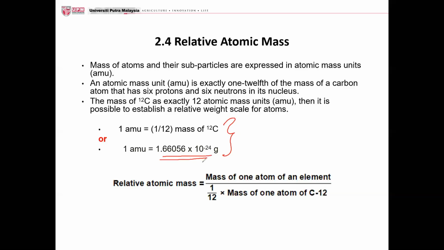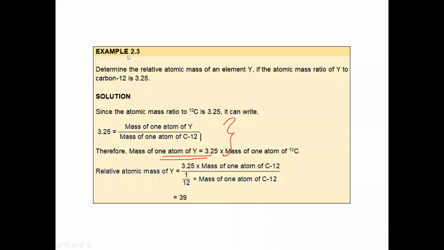So to calculate the relative atomic mass, we can use this formula, which is relative atomic mass is equal to mass of one atom of an element divided by 1/12 times mass of one atom of carbon-12. Let's see the example.